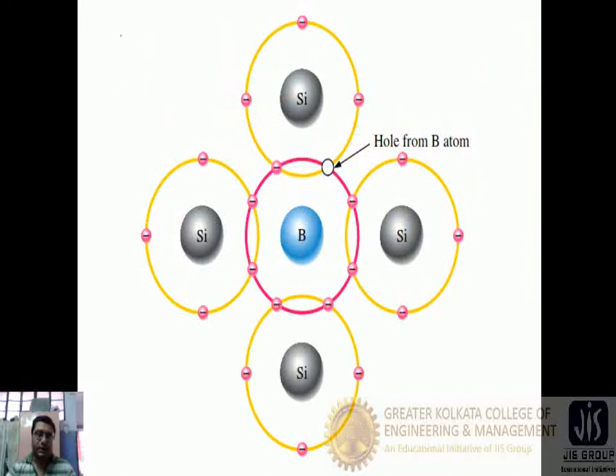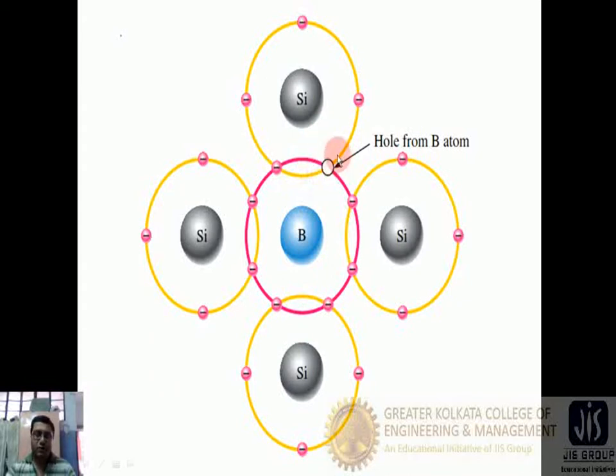Here we take boron as a trivalent impurity, where the 3 electrons form covalent bonds with the silicon atoms, but there is one vacancy of a covalent bond, which forms the hole.